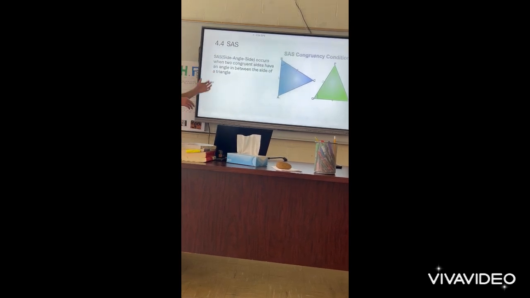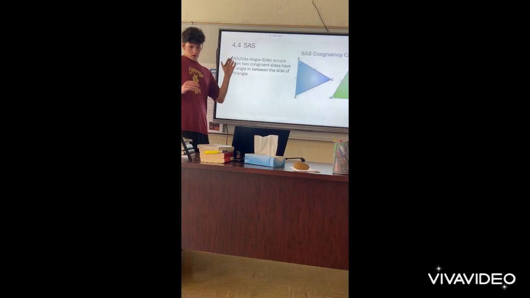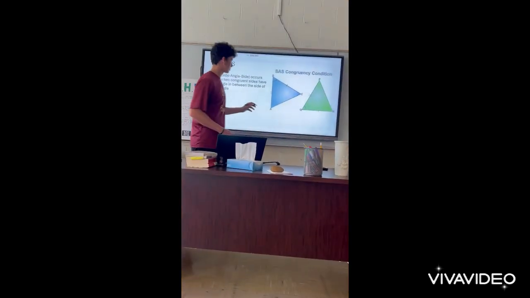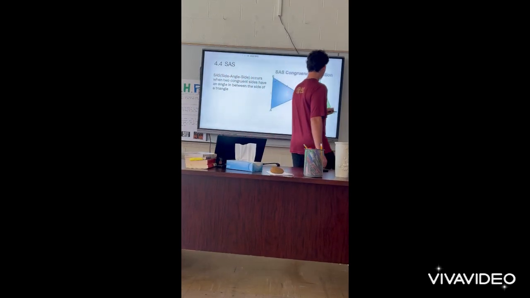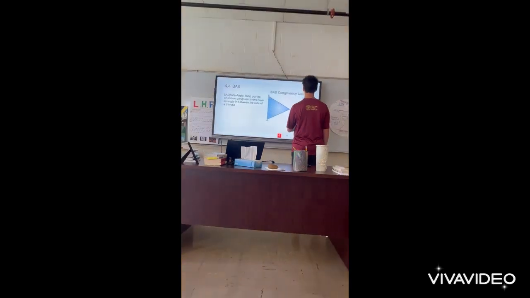SAS, or side angle side, occurs when 2 congruent sides have an angle in between the sides of the triangle. This is displayed in both ABC and QPR.